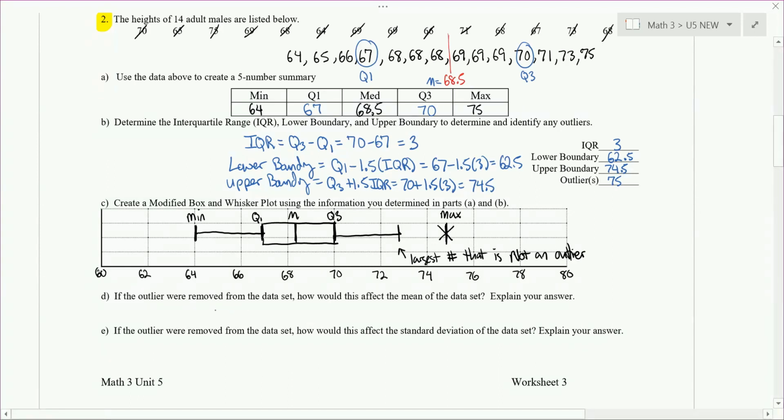So the mean would decrease because we remove the largest number in the data set.